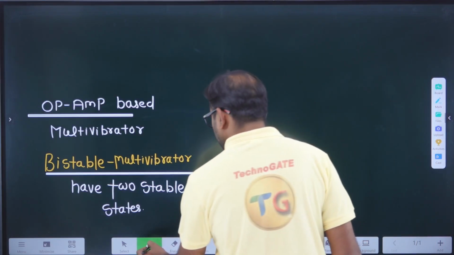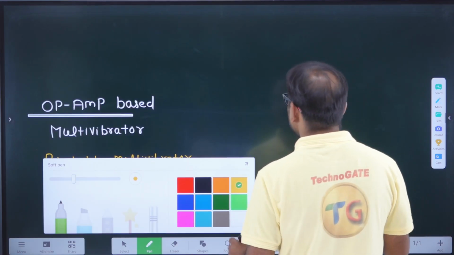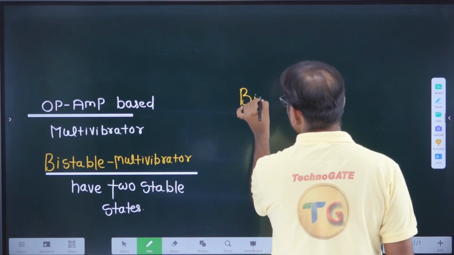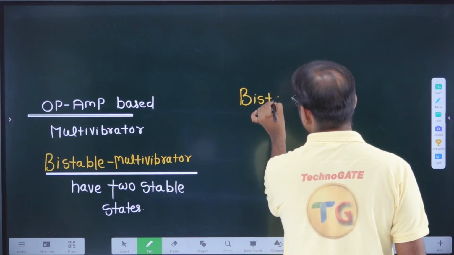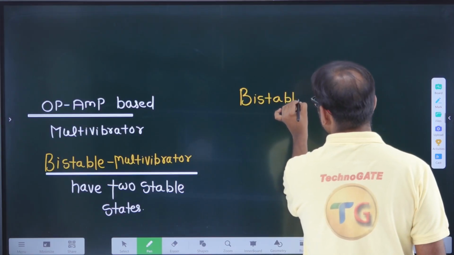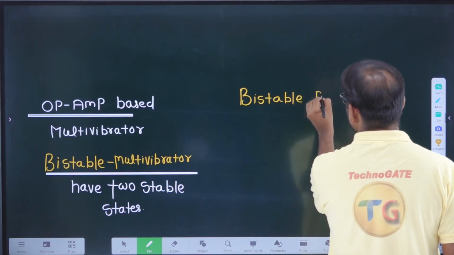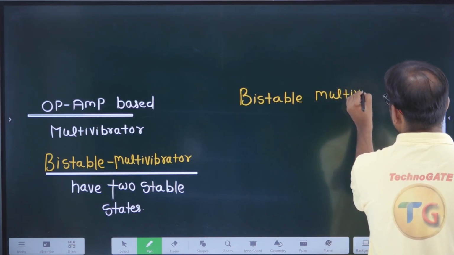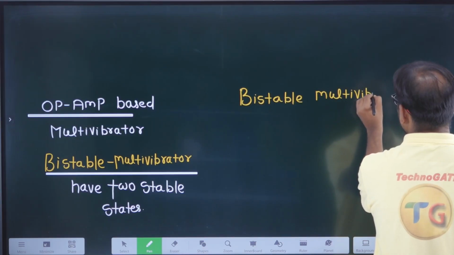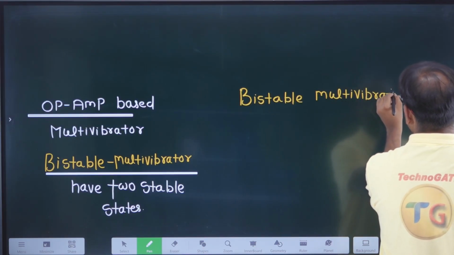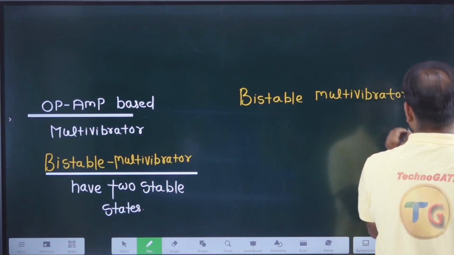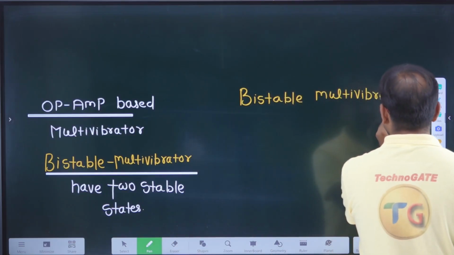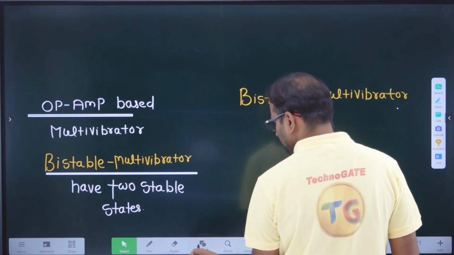And the op-amp based bistable multivibrator circuit is also known as the Schmitt trigger circuit. Bistable multivibrator using op-amp having two stable states.